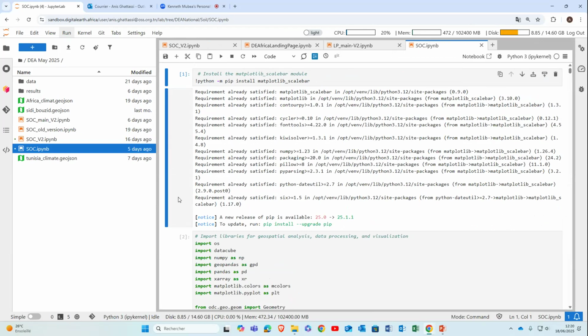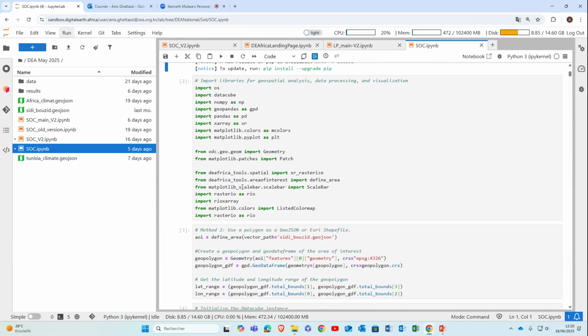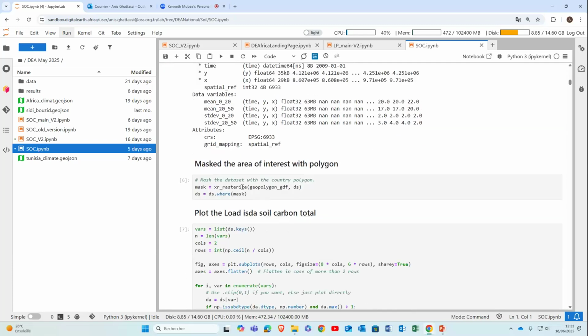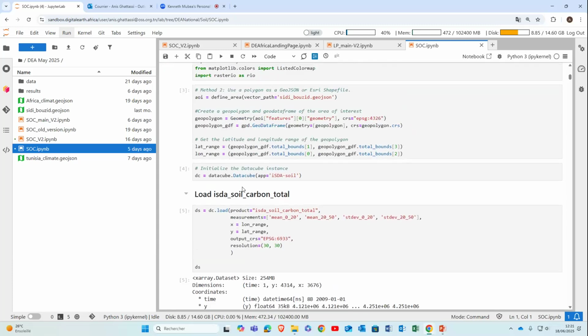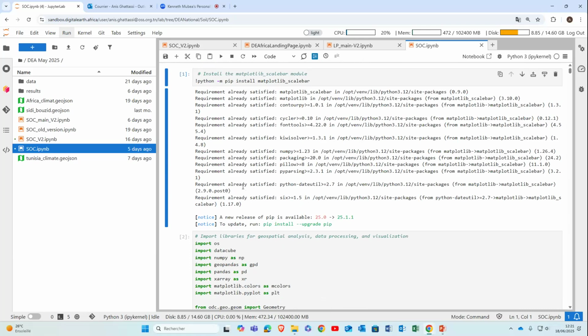Okay, thank you. So here is the soil organic carbon notebook developed in collaboration with South Africa. This notebook presents a tool that could help users to better estimate the spatial distribution of the soil organic carbon in the area that the user selects.